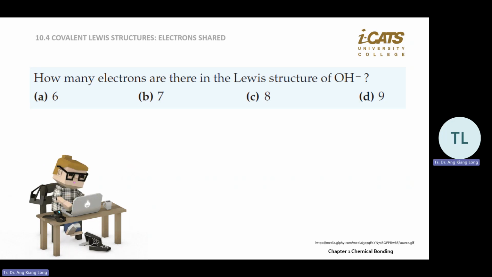Sharil, how many valence electrons does oxygen have? Oxygen group number? 6. If it's 6, how many electrons outside?